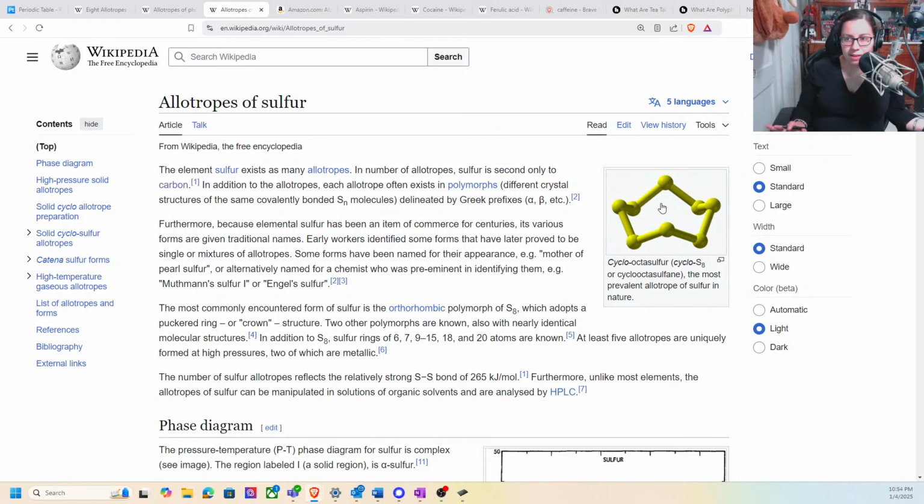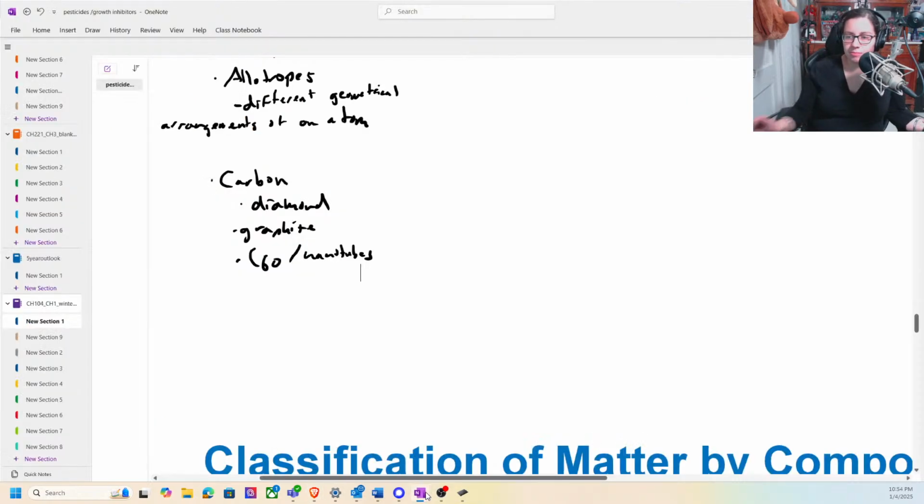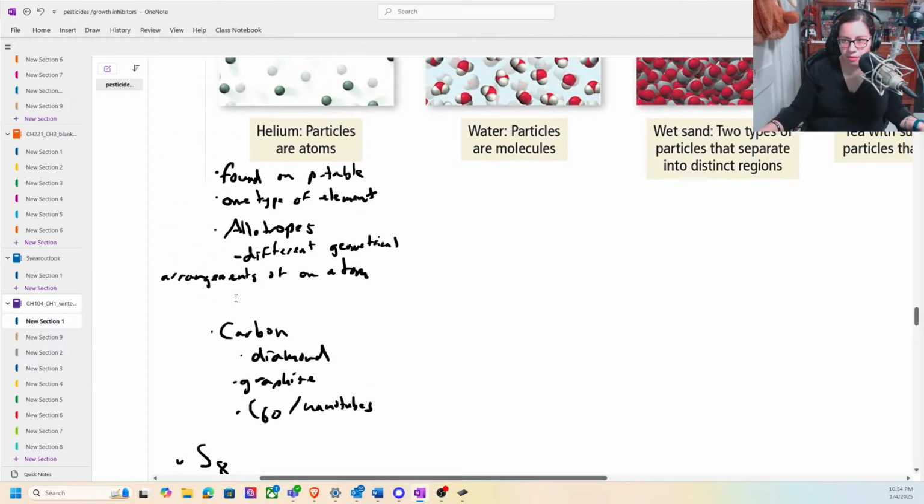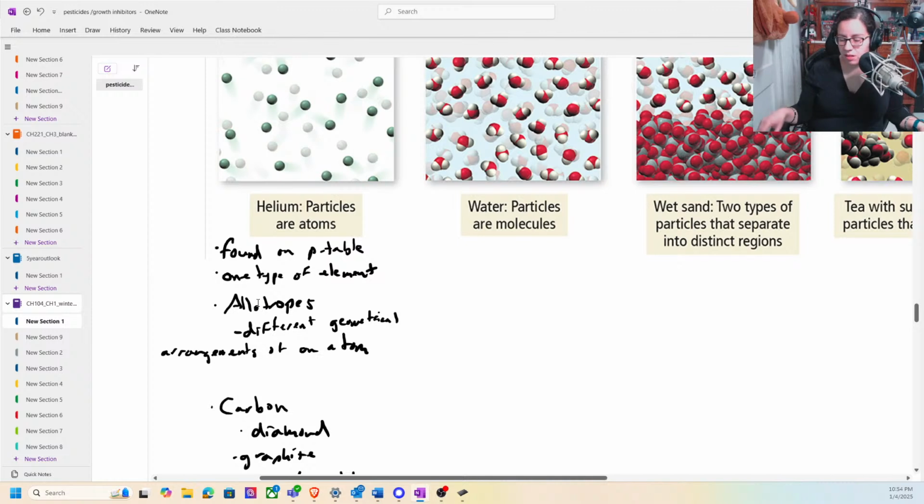Again, people are not consistent about how they refer to it, so just keep that in mind. And again, many other allotropes. The key thing that we're looking for is that it's just one atom in different arrangements.